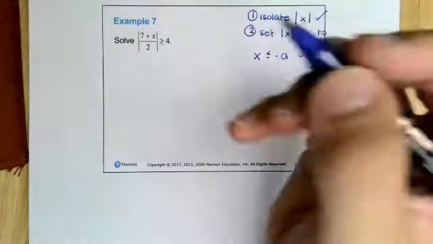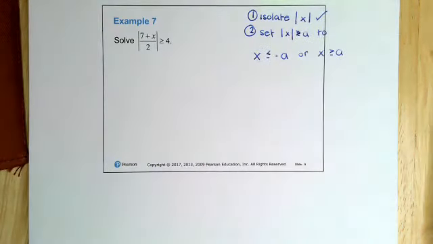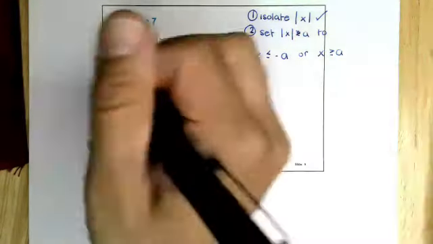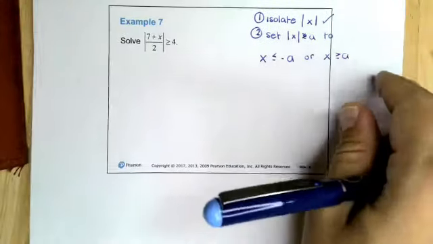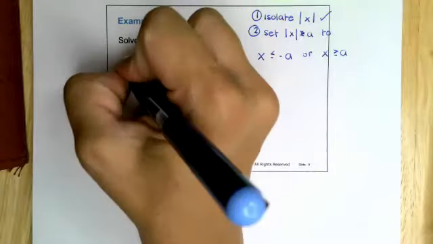Instead of a, we're going to put 4. So we can immediately go to the 2 separate inequalities without the absolute value bars.